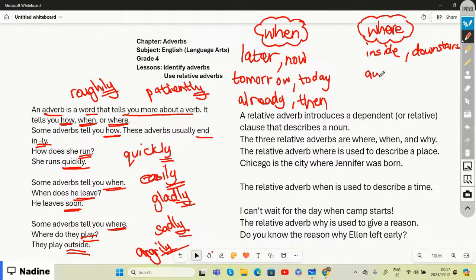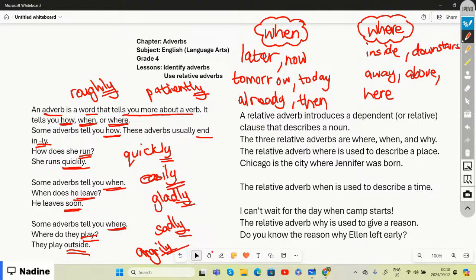Can be away, can be above. These are just but a few examples of adverbs. Can say it's here, it's there, right? And that is but a few examples.